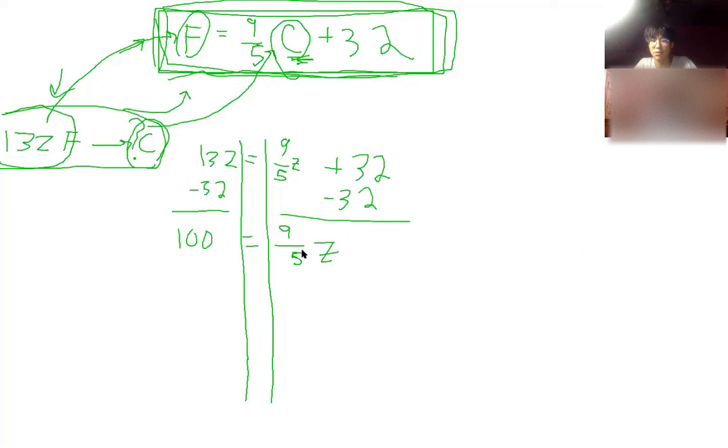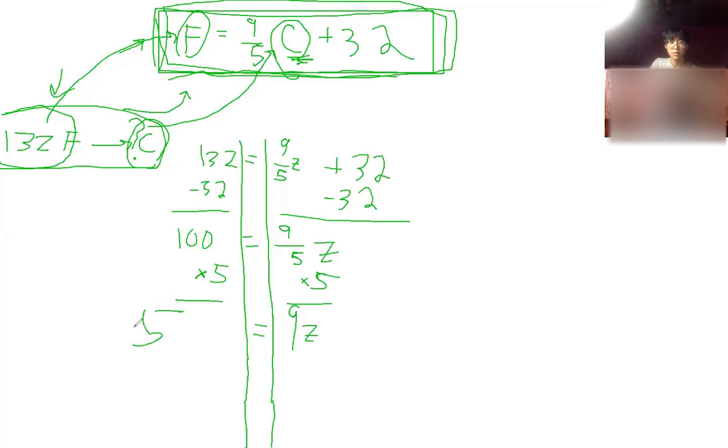Yeah, so if we want to get rid of divided by 5 on the bottom here, then what should we do? Multiply 5. Yeah, so you multiply by 5 on both sides. And then what would you end up with? 500 equals 9z. Yeah.